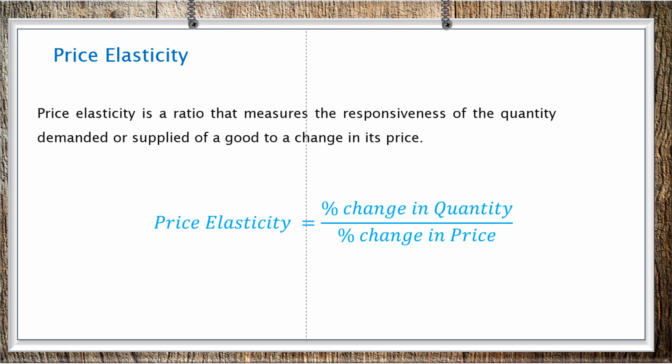We know that both demand and supply curves show the relationship between price and the number of units demanded or supplied. Therefore, price elasticity brings out the ratio between the percentage change in the quantity demanded and the corresponding percentage change in price. Let us look at two methods that we can use to calculate price elasticity.